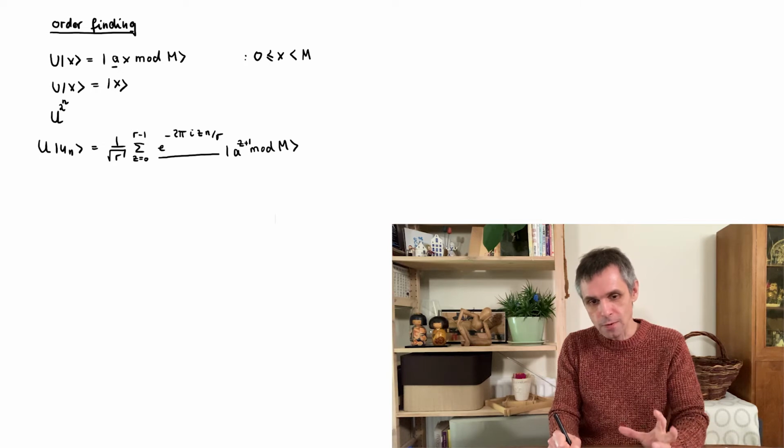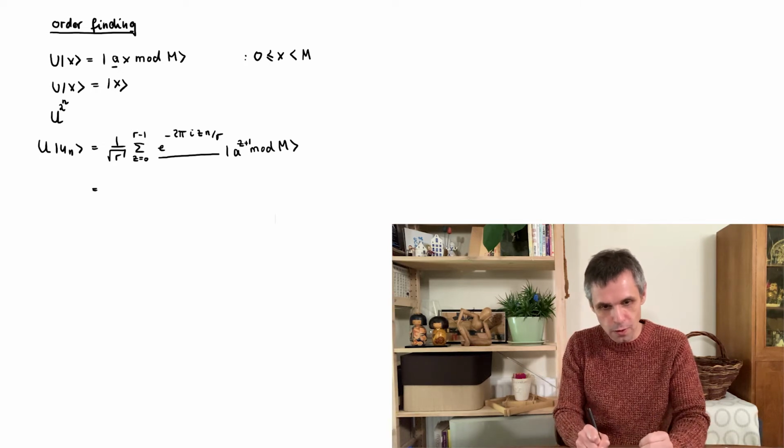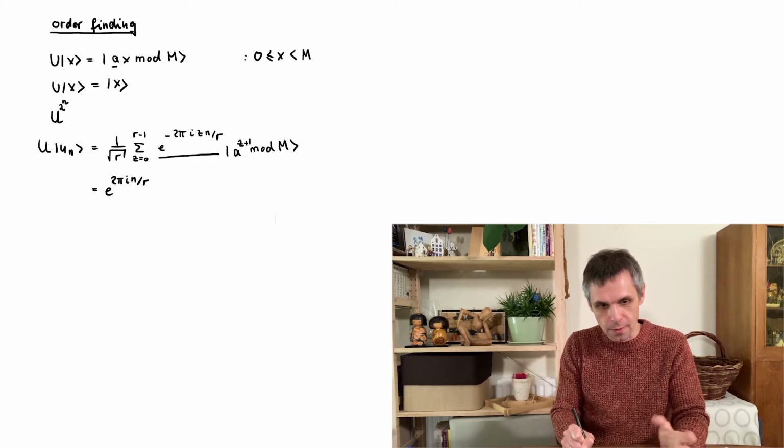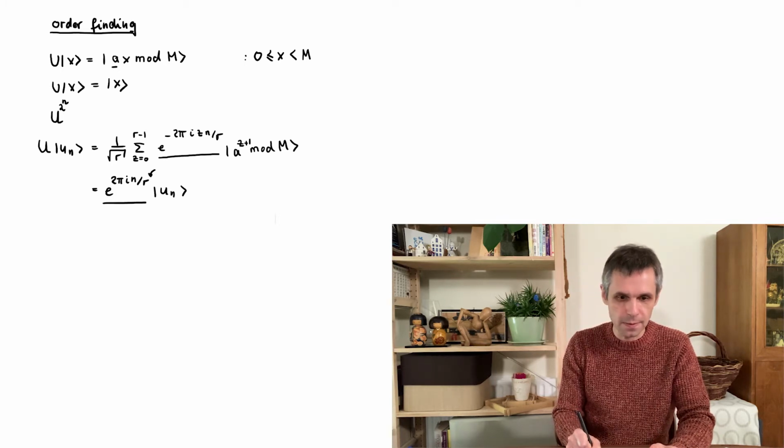And when we then shift z by 1, we obtain one extra factor which we can pull to the front, and this is this factor here. And all the rest is just our state u_n. And so this is then our eigenvalue, and we see that it indeed depends on the period r.